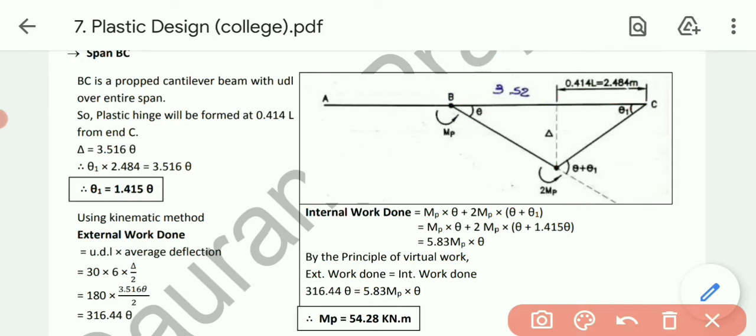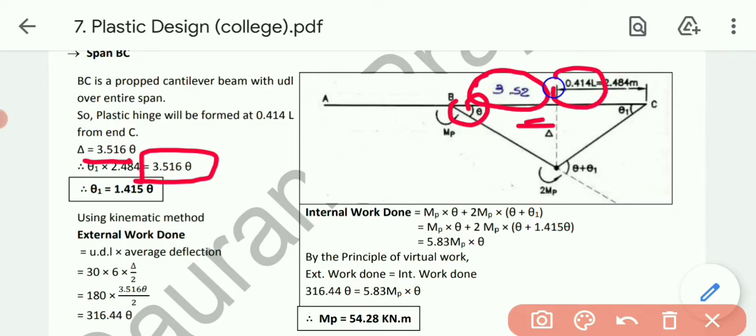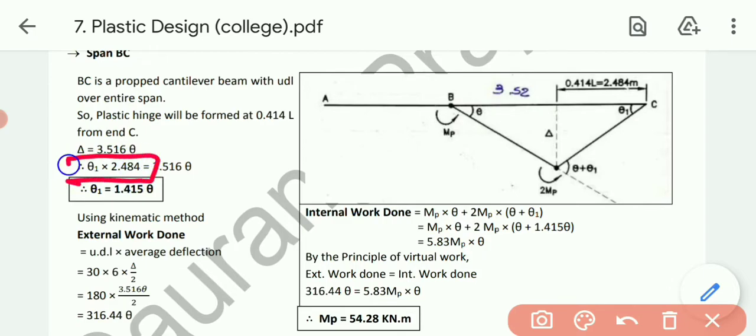Now this time the relation will be different. Let's give the notation: this one as theta, this one as theta 1, and this one, that is theta plus theta 1. First of all let's derive the equation between the thetas. 3.52, or if I convert it into 3 digits, 3.516, times theta equals the right hand side, that is 2.484 into theta 1.